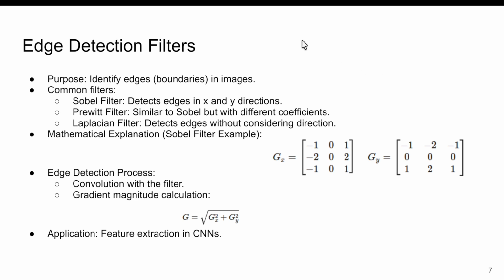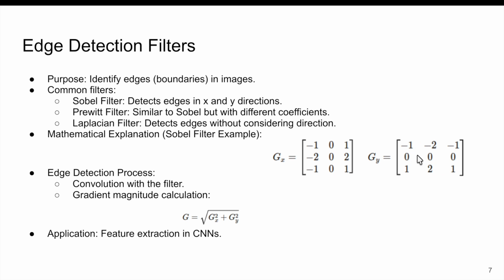Now coming to how the detection filters work, which filters are important for edge detection. There is the Sobel filter. Here you can see the mathematical explanation for the Sobel filter. This one is useful for detecting the vertical edges.